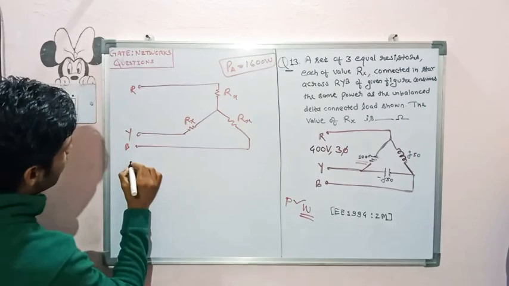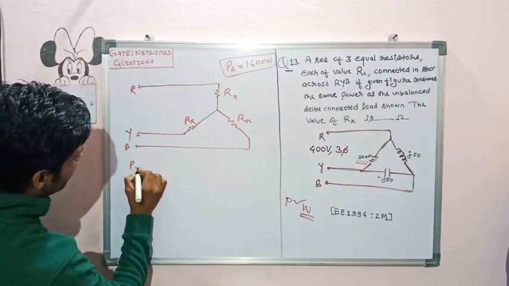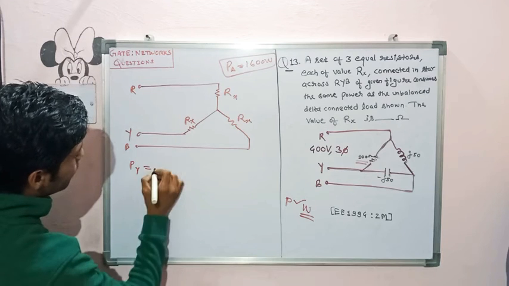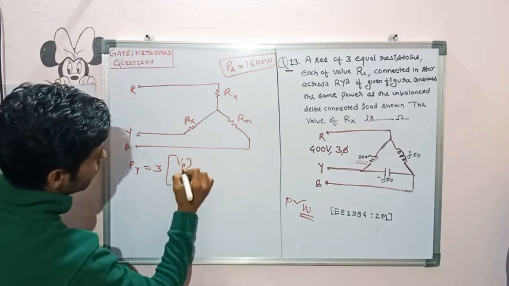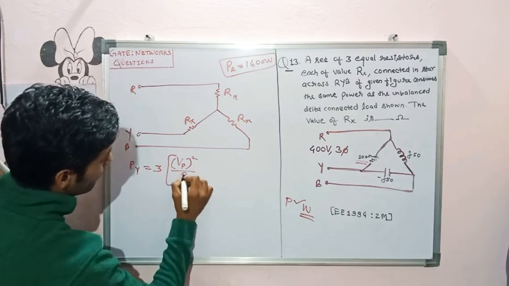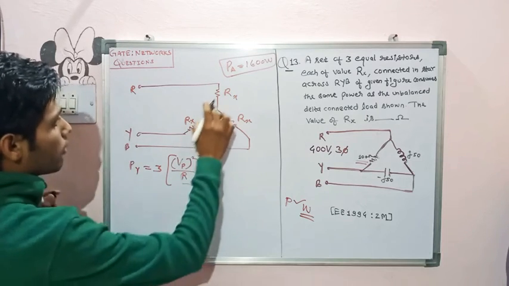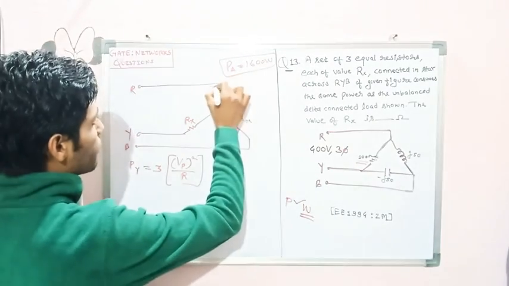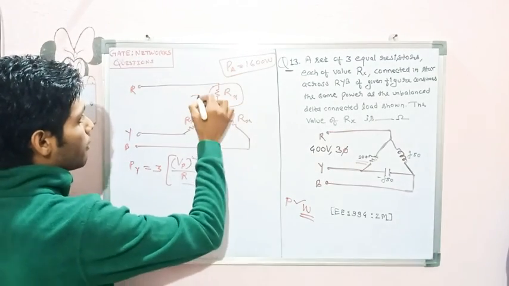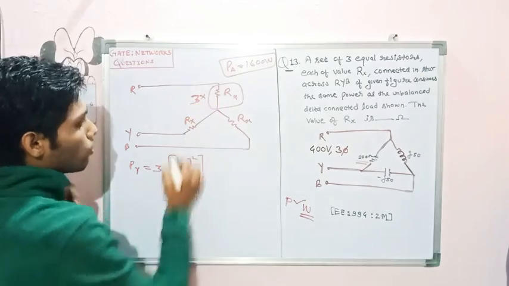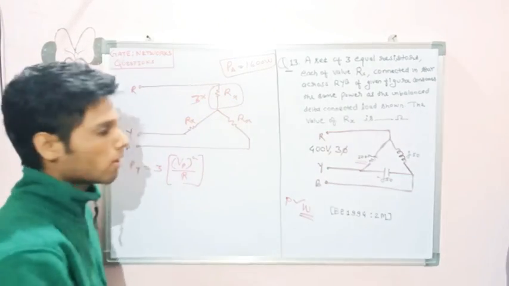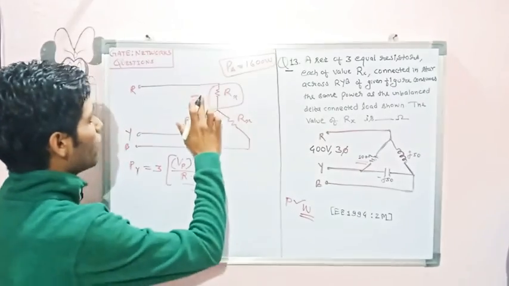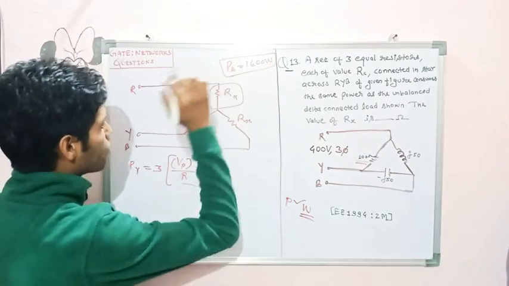So P star will be equal to 3 times Vph square by R. That is the power consumed across this particular phase, and 3 times this will be the total power consumed. Why? Because the value of all the resistances in each phase is equal. So 3 times Vph square by R.